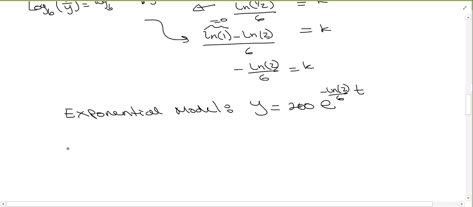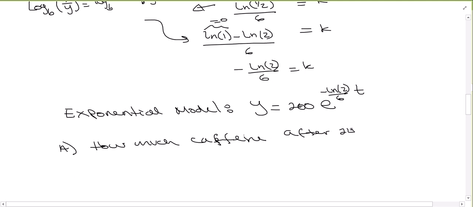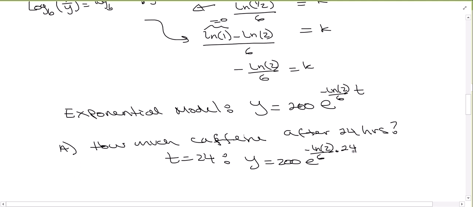So now for part A, it asks how much caffeine after 24 hours, which we already know. We already did it without using the formula. We got 12.5, but let's just see using the formula. How much caffeine after 24 hours? That means t is 24, so just plug it in. So it'll be y equals 200 e to the negative ln of 2 over 6 times 24.